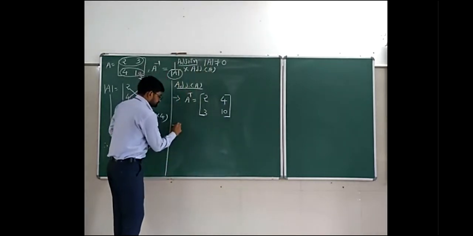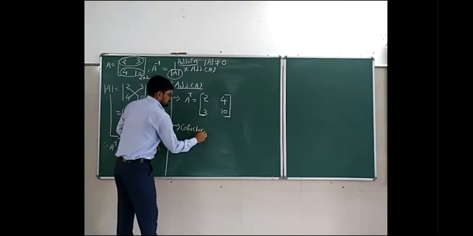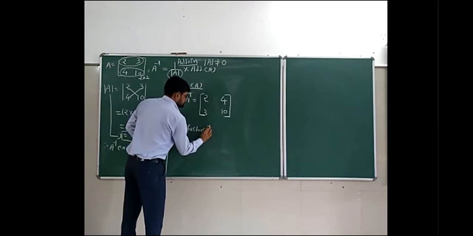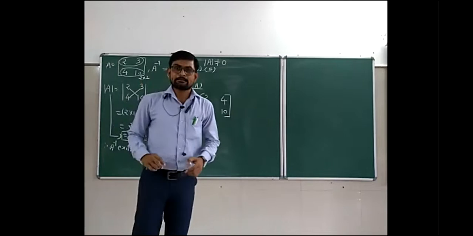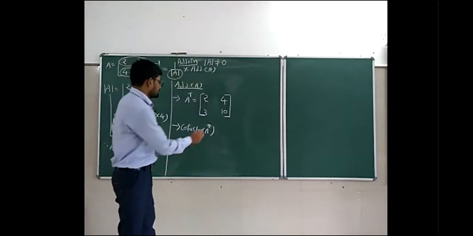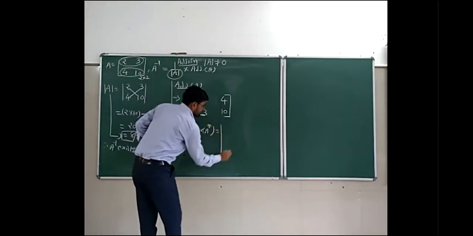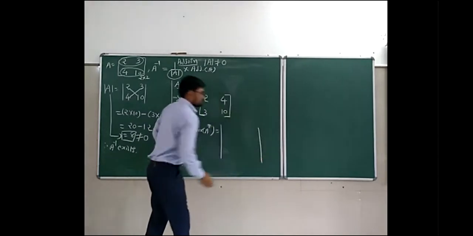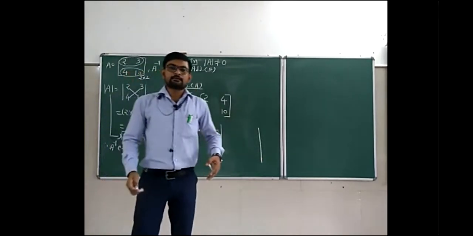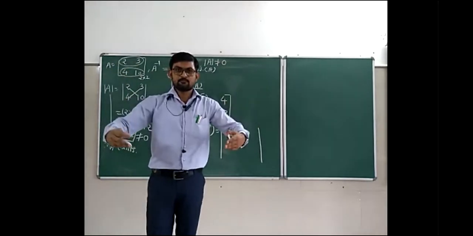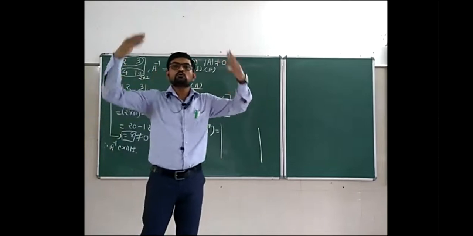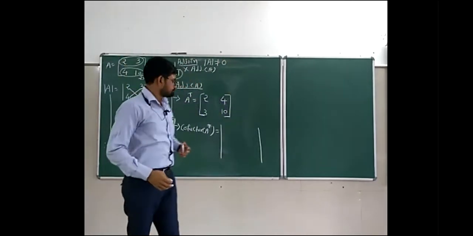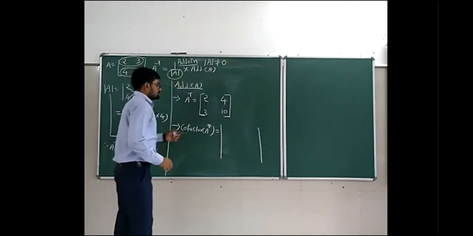Step number 2, find the cofactor of A transpose. How can we find the cofactor? First of all, to find the cofactor, again it is written in two parallel lines. So whenever you have to find the cofactor, write it down in two parallel lines.